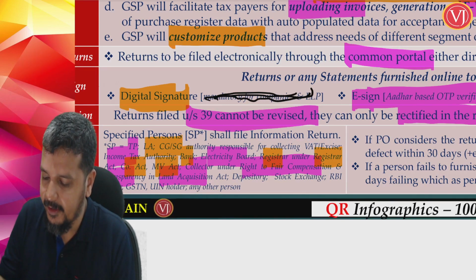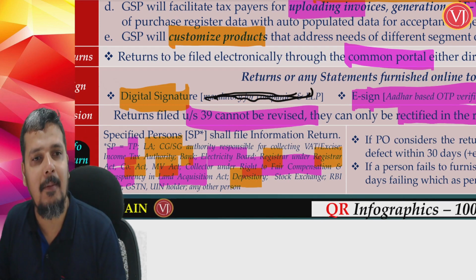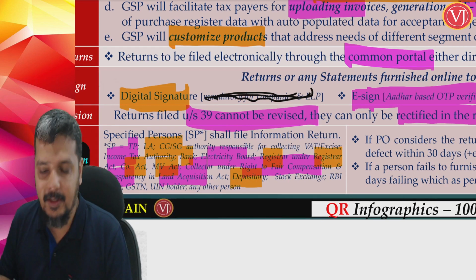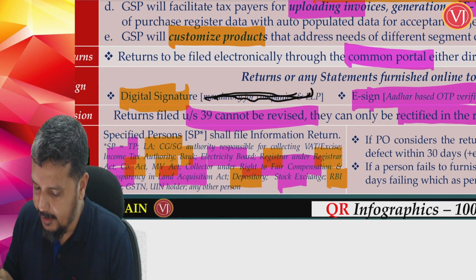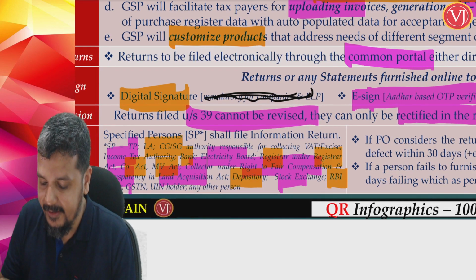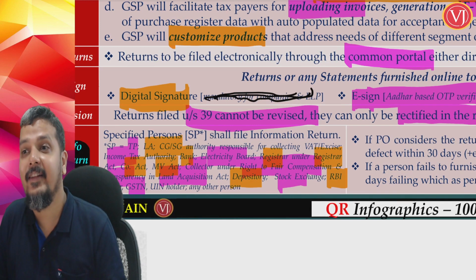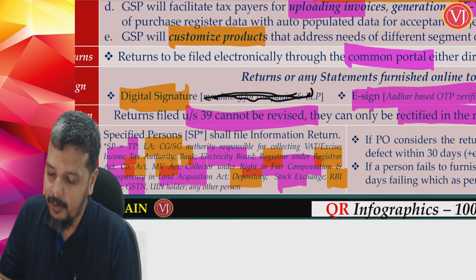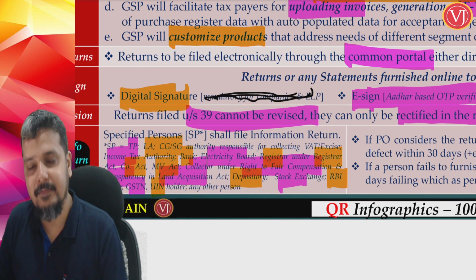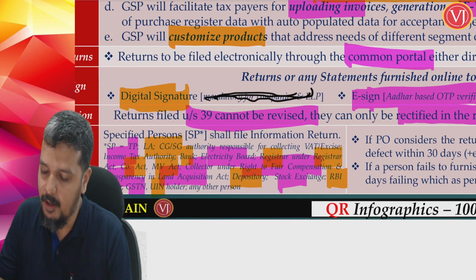Or a depository. In the share market, there will be something called a depository. Or your stock exchange. Or RBI officer or GST Network itself. This information is given by GST Network themselves, or international bodies having a UIN number, or any other person.